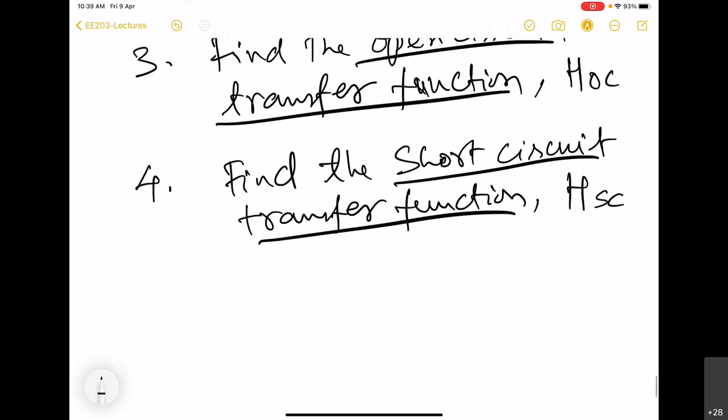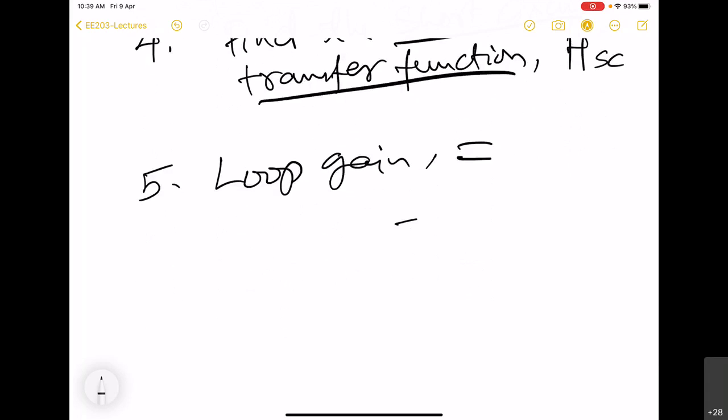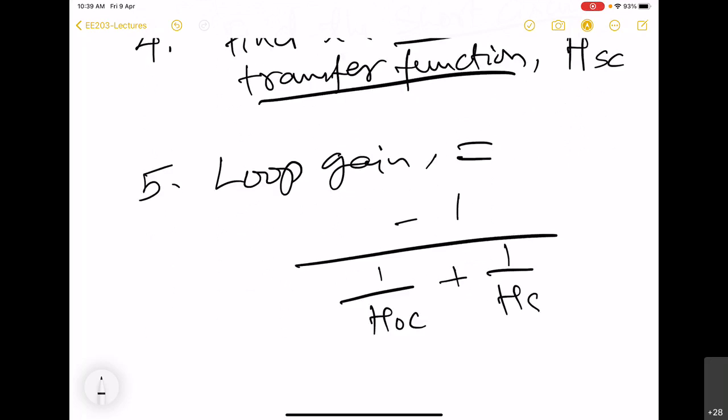So we have to do these two calculations. That means create two circuits for the broken loop, and once we have found this, the loop gain is going to be given by this expression, minus 1 by HOC plus 1 by HSC.